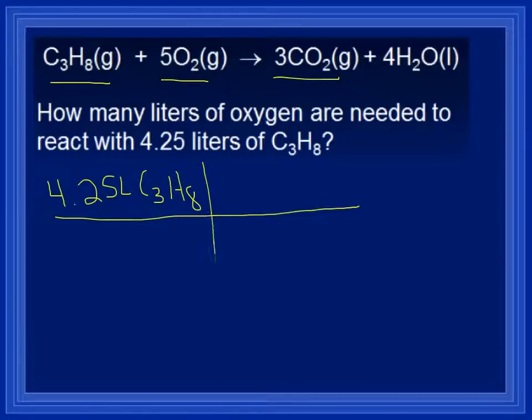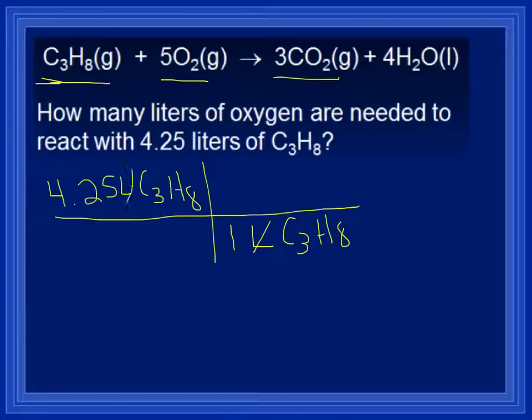Okay, then if I need to relate C3H8 to oxygen, I'm going to use my equation. There is 1 C3H8. Normally, I would put 1 mole of C3H8 on the bottom. But because of Avogadro's law, saying volume and moles are directly proportional, instead of saying 1 mole of C3H8, I can simply say 1 liter of C3H8.